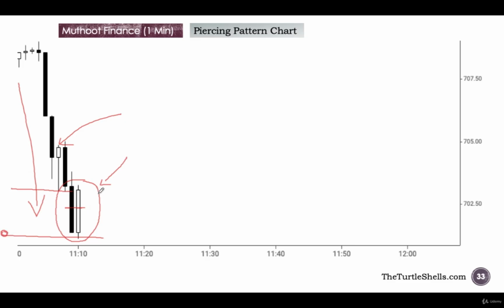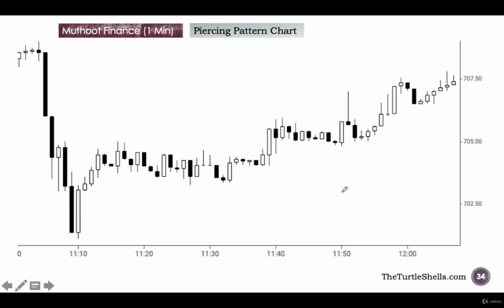Then the piercing pattern is not only confirming the prior support area, but we also have a well-defined candlestick pattern, so that we can look at taking a long position here, keeping our stop loss here, and then expecting the price to go up. So in this case, the price has gone up. So probably this piercing pattern was confirming some prior support here. Probably this hammer was not confirming any prior support area.